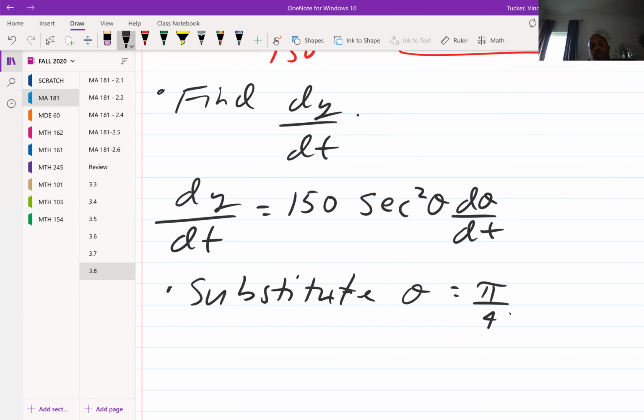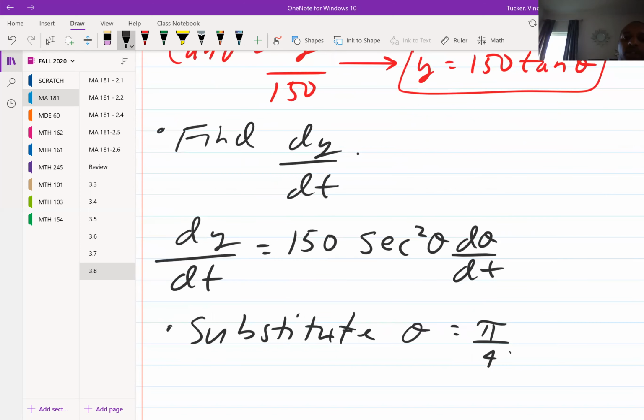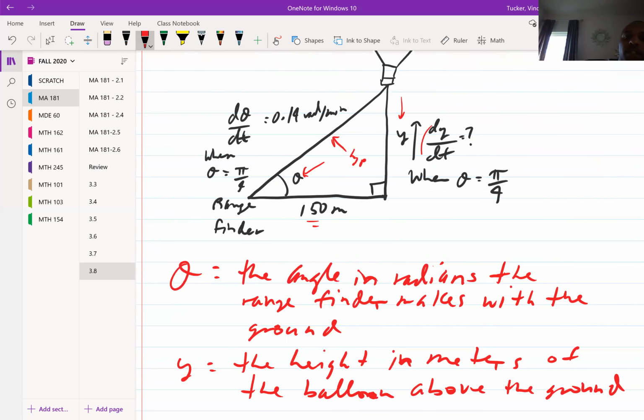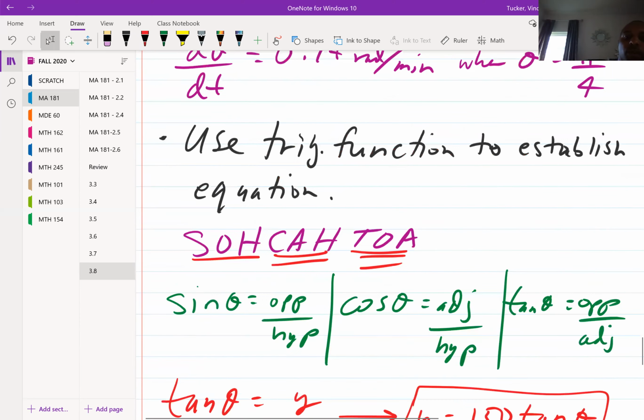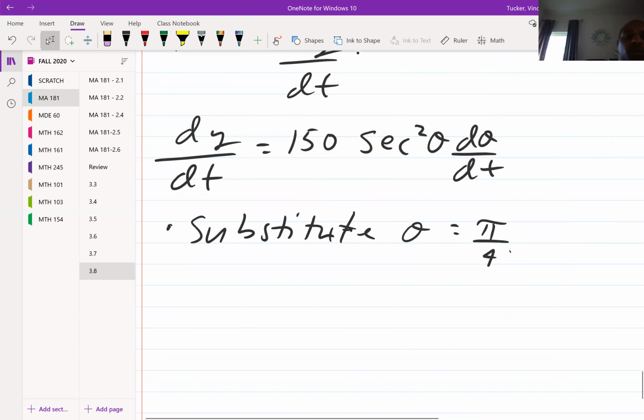So now I can substitute in pi over 4 for theta, because remember, our goal is to find dy/dt. If you go back to our diagram, dy/dt was the goal. We want to know how fast the balloon is rising at that moment, at what rate. So we're almost there.